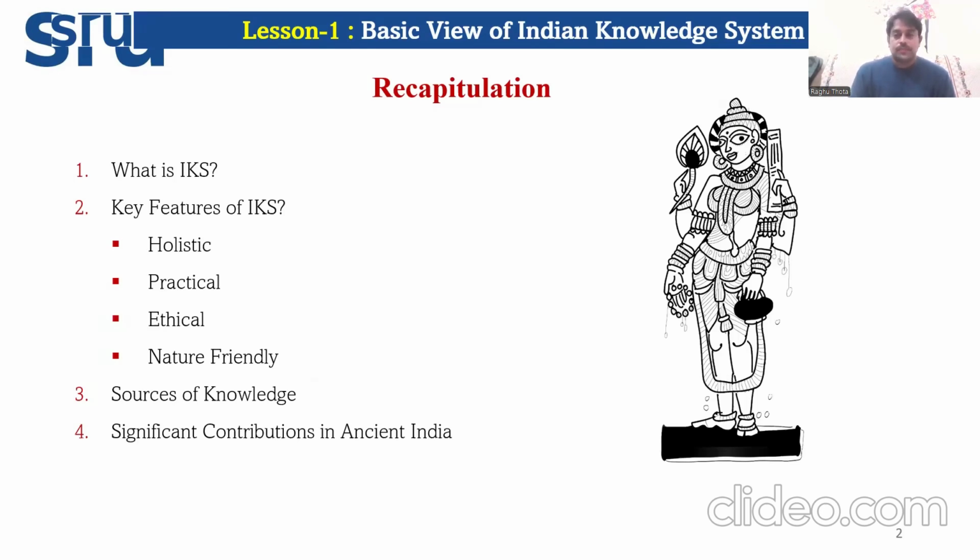It means learning by doing, learning through actions. Whether it is farming, architecture, or warfare, everything they did with practice. That is one of the important key features of Indian knowledge system pertaining to education.